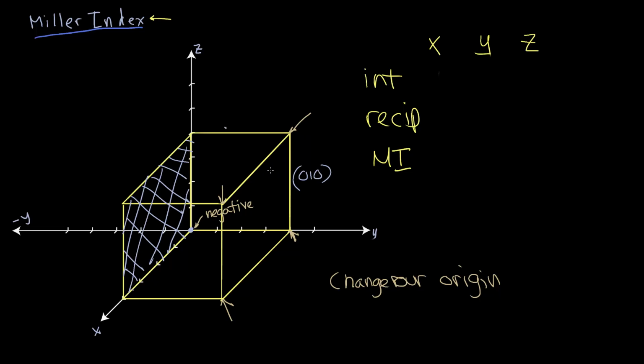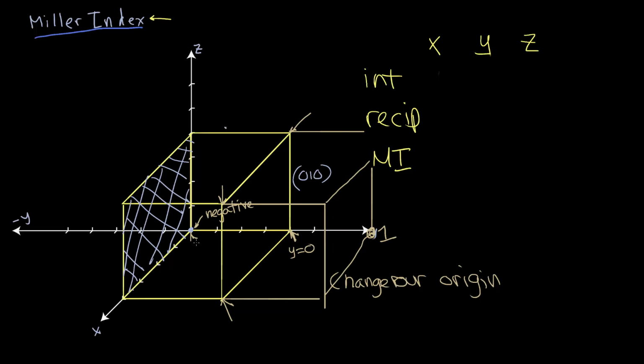And if we were to do that, let's just see, I could roughly draw another cube here. I think I'm going to get in my own way a little bit. You can see how there would be a cube here, I think. So now we would call this point over here y equals 1. This is y equals 0. And the point we were looking at before is now y equals minus 1.